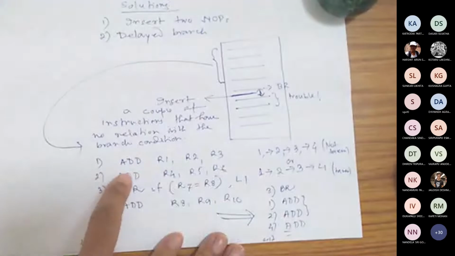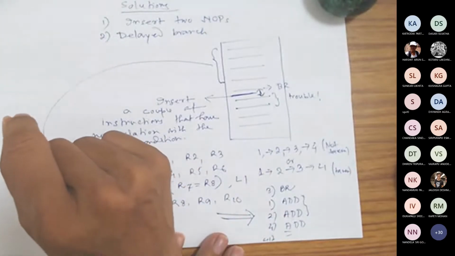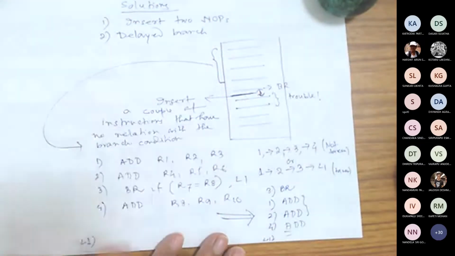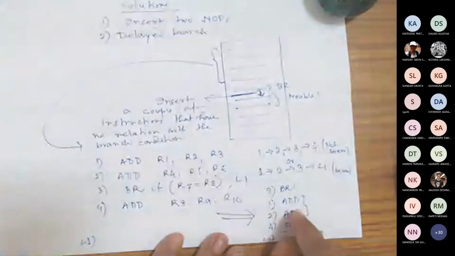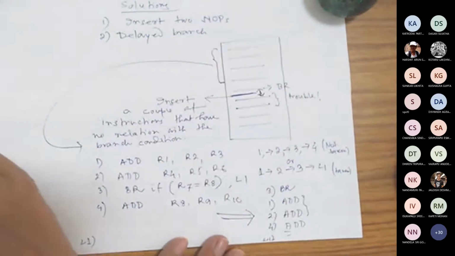Now, if you can resolve that, these two instructions have no dependency, so out of order execution is possible. That's why I'm saying if you can't find such instructions, then you'll have to go for NOP.